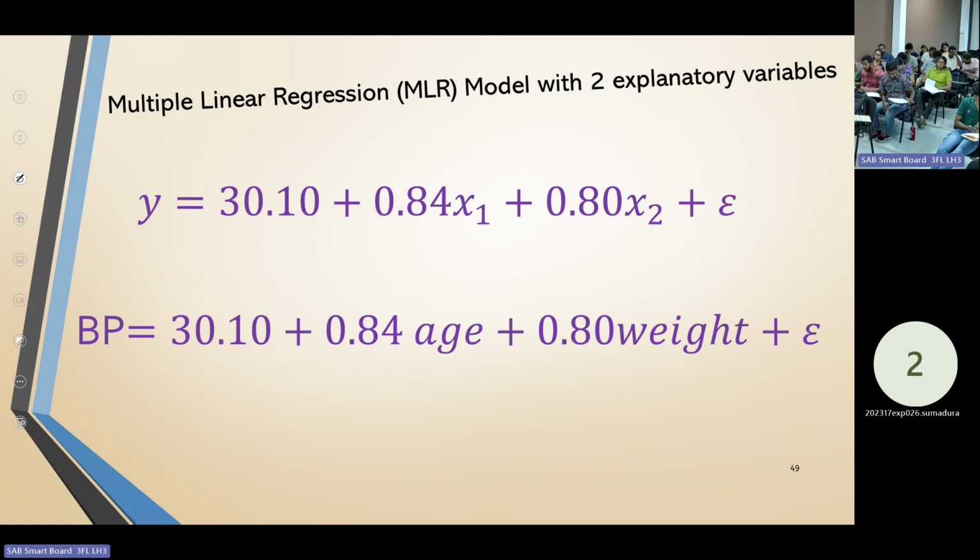So in the model, write down, substituting the values beta naught, beta 1, beta 2, get the model. Then we know the variable names. So Y is blood pressure, X1 is age, X2 is weight.